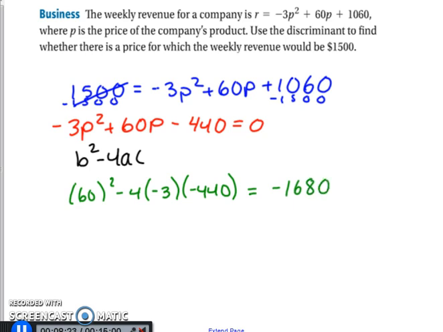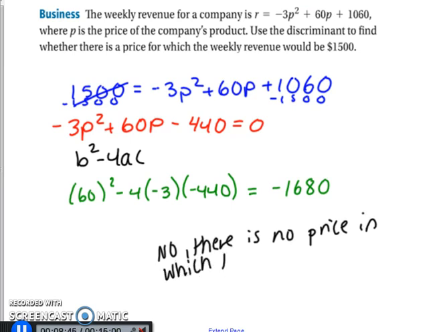Again, the number itself doesn't matter, but because we got a negative number, that means our answer is going to be no. So, is there a price for which the weekly revenue would be 1,500? No, there is no price in which the weekly revenue would be $1,500.